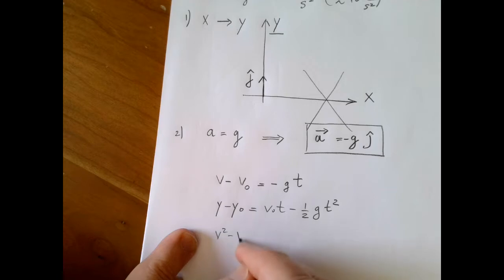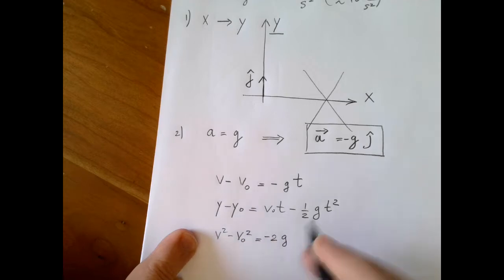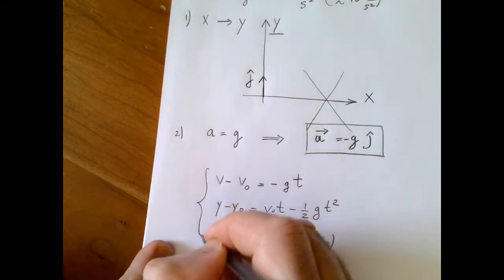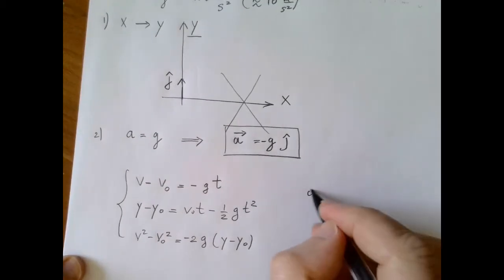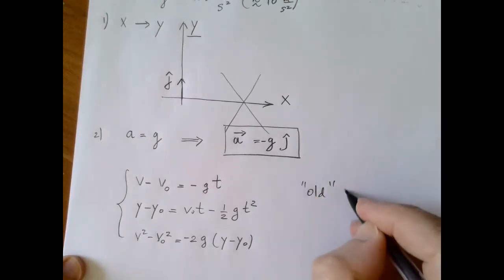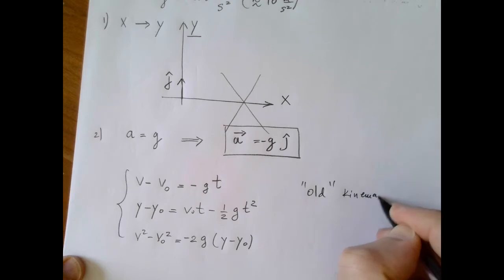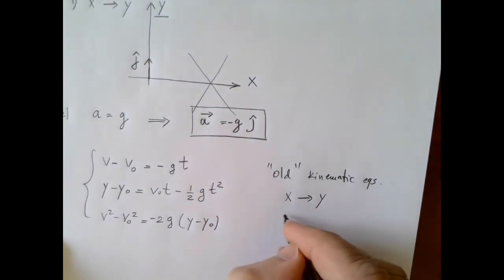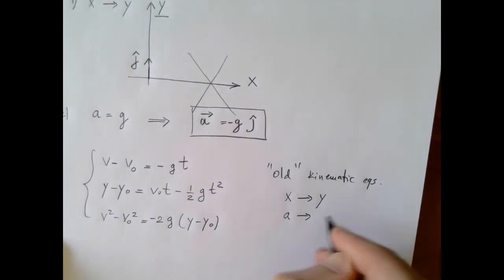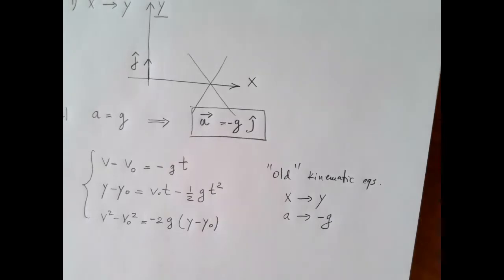And v squared minus v0 squared is equal to 2 times negative g, times (y minus y0). So these are exactly our old kinematic equations with two changes. All the x's have become y, and all the a's have become negative g.